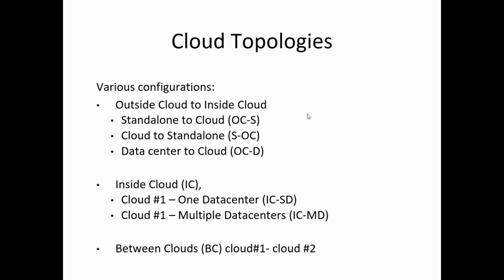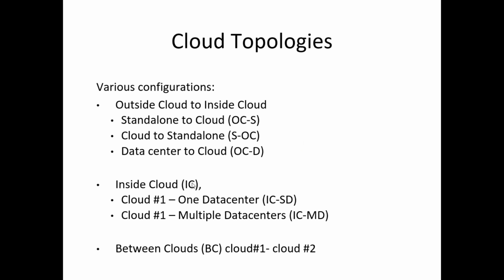You could have the client inside. The client can be inside the cloud going to a standalone, or you can have something like a hybrid topology going somewhere from your data center into the cloud, but you're still somehow outside. You can also be inside the cloud completely.